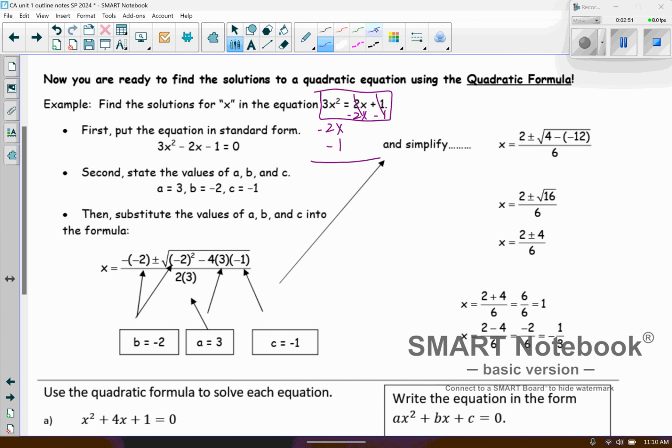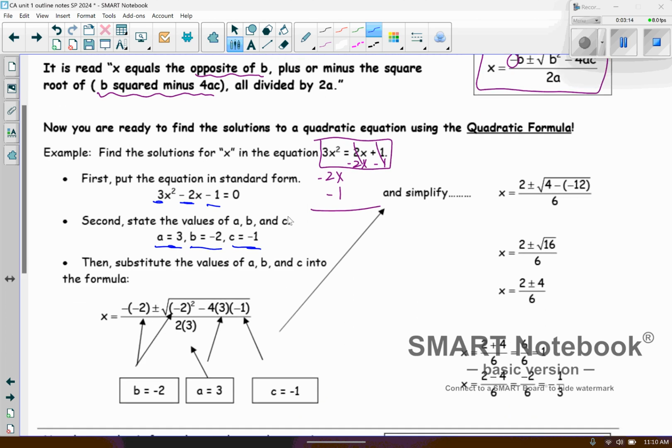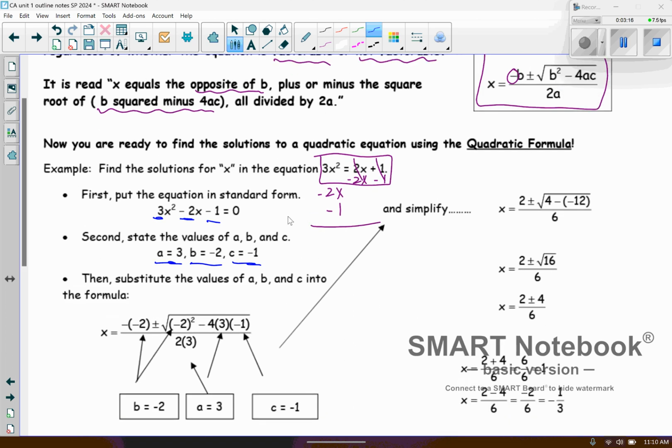Once we have it in this form, we can find those values for the quadratic formula, the a, b, and c values. Those come from the coefficients here. The coefficient of x squared is your a value, the coefficient of x is your b value, and the constant is your c value. Once we have that, it's time to put the values in place where they belong.